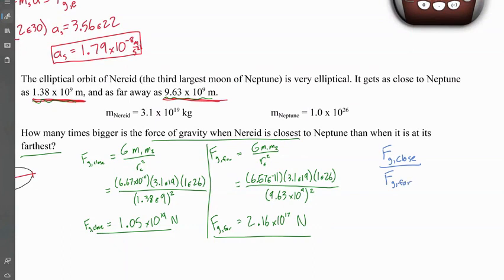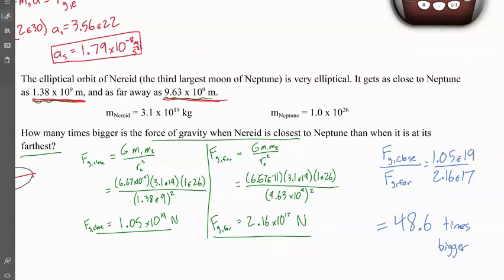All right, so force of gravity when it's close, that was 1.05 times 10 to the 19. Force of gravity when it's far, 2.16 times 10 to the 17. So if I plug this into my calculator, 1.05 times 10 to the 19 divided by 2.16 times 10 to the 17, I get 48.6 times bigger.